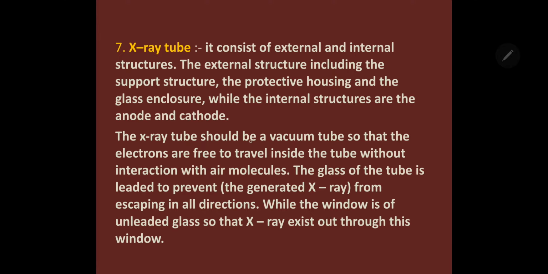The X-ray tube should be a vacuum tube so that the electrons are free to travel inside the tube without interaction with air molecules. The glass of the tube is leaded to prevent the generated X-ray from escaping in all directions, while the window is unleaded glass so that the X-ray can exit through the window.